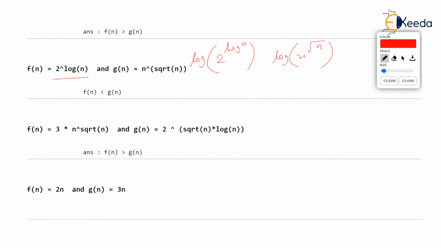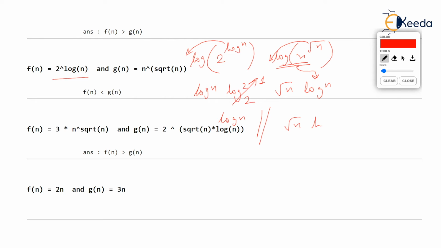Now we have log n, this exponent comes down into log 2. And we here have this exponent root n comes down, root n, and we have log n. This log n remains here, isn't it? But you know log 2 to the base 2 is 1. So we have log n, and the other one remaining is root n log n.